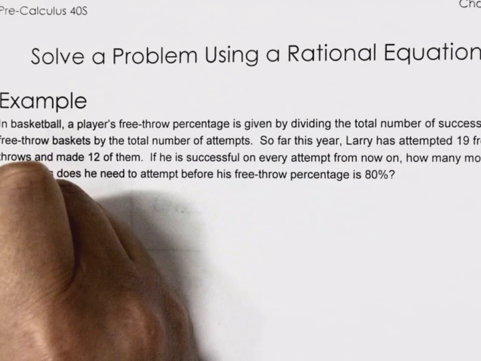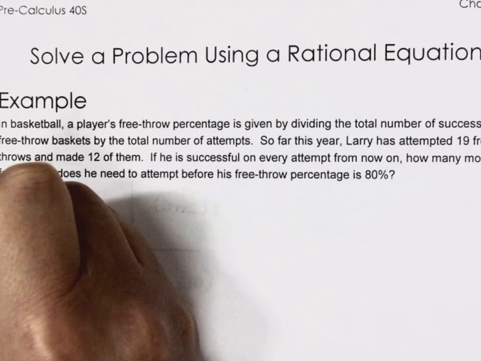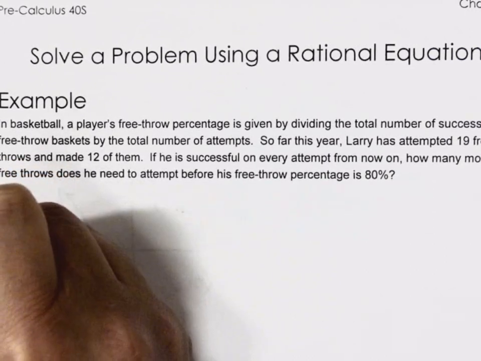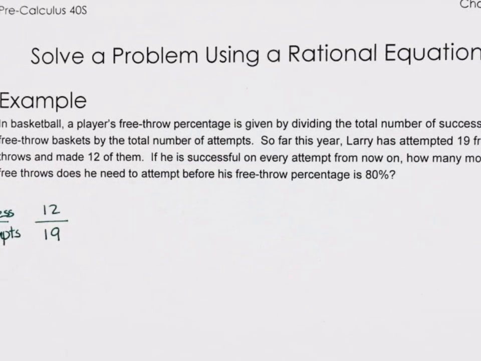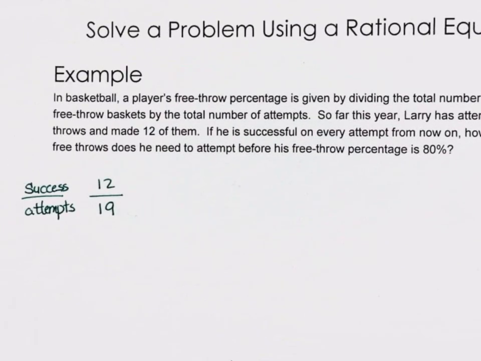So we know that this is success over attempts. Everybody with me so far here? We want that percentage to be 80%. So we know that we need whatever numerator divided by whatever denominator has to equal 0.8. Everybody with me so far here?